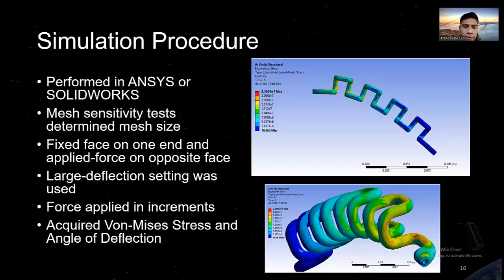The large deflection setting was used on ANSYS, and in order to observe how the flexures behaved, forces were applied in different increments from 0.5 newtons to 5 newtons. Based off of the simulations, aside from the displacement that was recorded, there was also an important data that needed to be recorded as well, which was the von Mises stress.